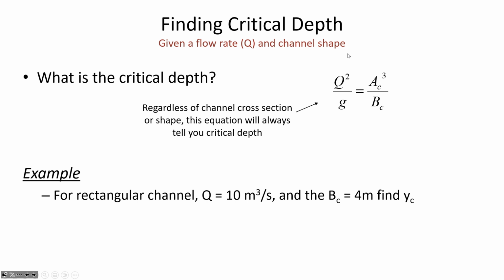unknown depth. So basically, we've got Q squared divided by g equals A sub c cubed divided by B, the top width, under critical conditions. That's the same as saying Q squared divided by g is equal to, in this particular case, 4, which is the width of the channel, multiplied by y sub c.